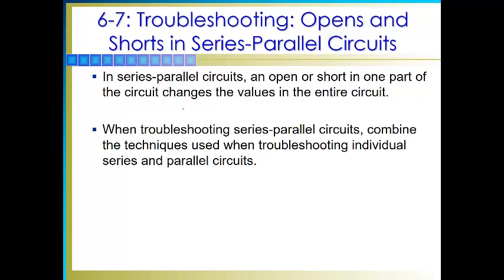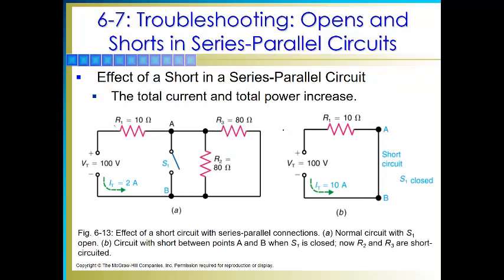And the last part of this chapter, 6-7, is about troubleshooting opens and shorts in series-parallel circuits. In series-parallel circuits, an open or short in one part of the circuit changes the value of the entire thing. Let me show you an example. Let's say this is the original circuit, all right?